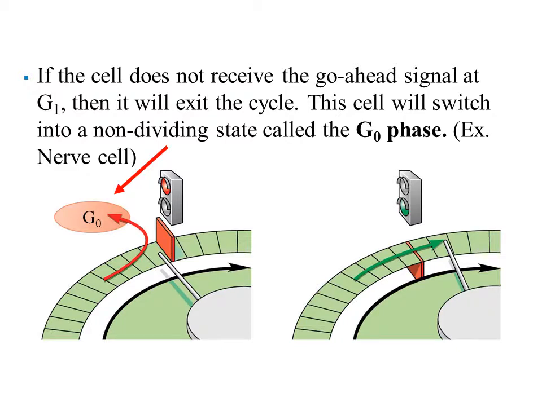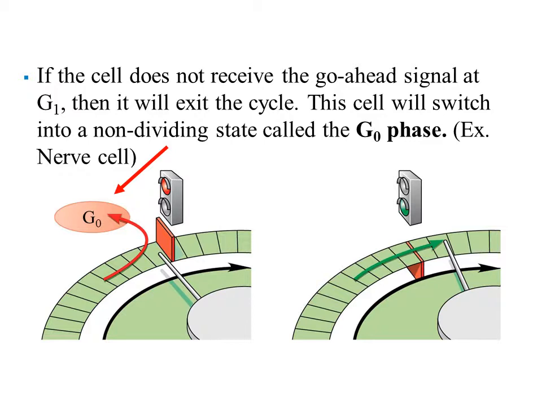If the cell does not receive the go-ahead signal at the G1 checkpoint, the cell will exit the cycle. The cycle is the cell cycle. It consists of interphase and M phase.